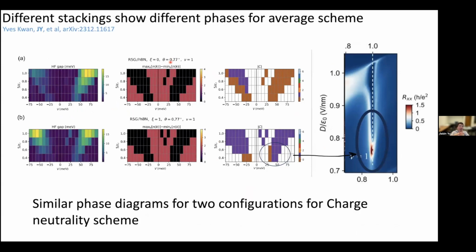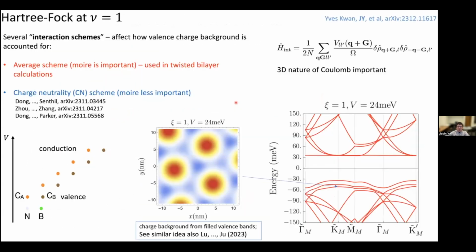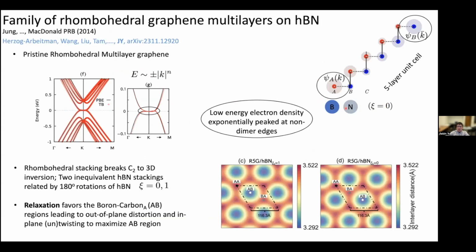It's a 180-degree rotation of the hBN. Not even if I align the first layer of graphene with the hBN. No, not even that. So it's really a non-local difference. Yeah, you need to flip N and B, you rotate the whole layer. And I don't think you can have C1 and C0 in the same sample.